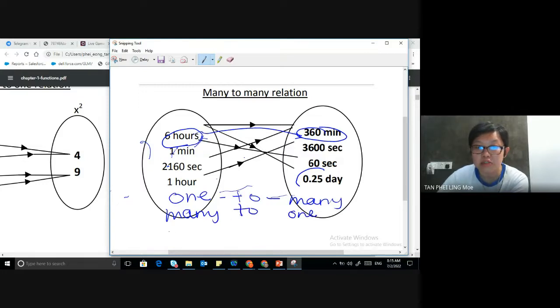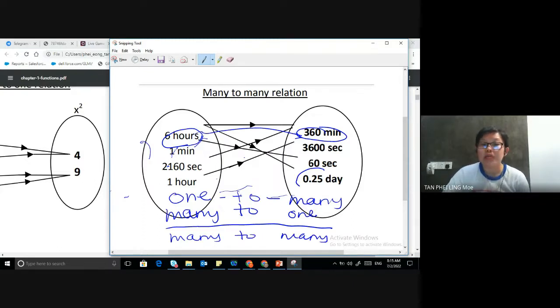When these two happen, you have to account for both. In the end, they become many-to-many. So usually for many-to-many relation, in the same diagram you have one-to-many and many-to-one. That's why in the end, it becomes many-to-many.